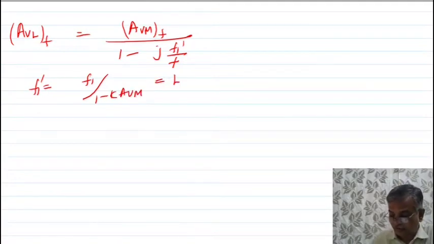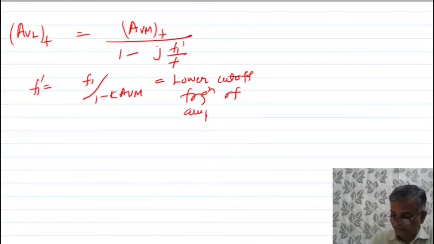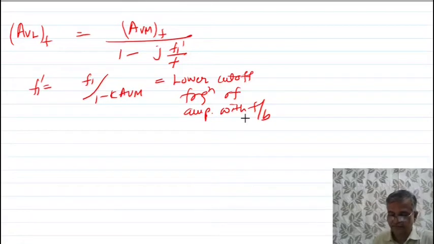So this is your lower cutoff frequency of an amplifier with feedback. So what you can say from this? The gain of the amplifier with feedback decreases by 1 minus K AVM times than the gain of the amplifier without feedback.